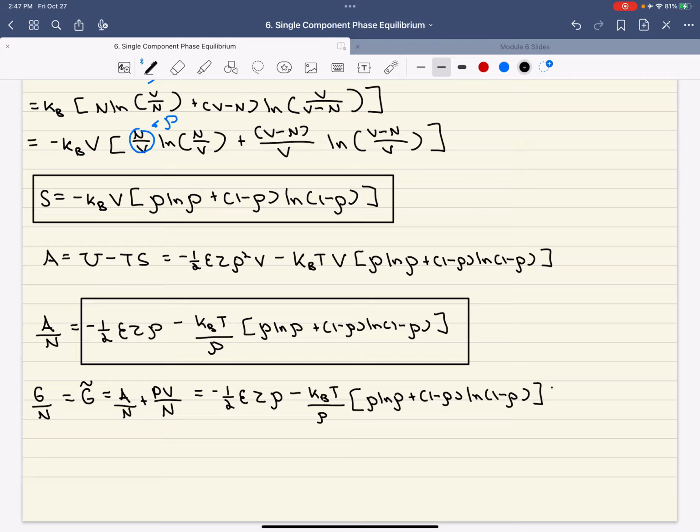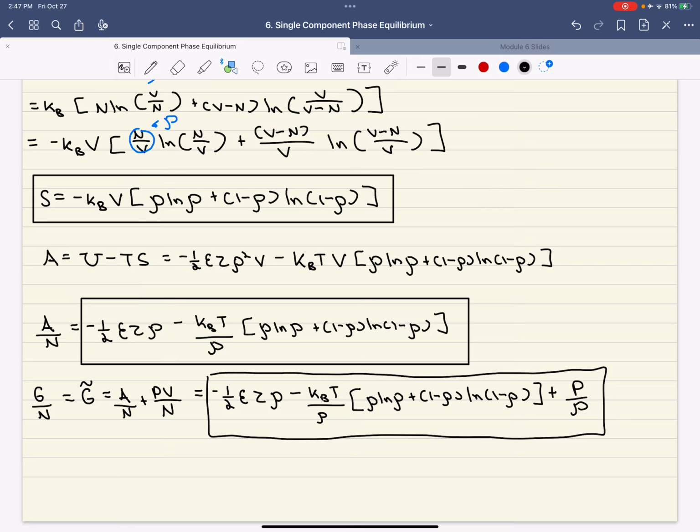And then we have the pressure, and since we had a V over N here, that's the same thing as saying divided by rho. Okay? And so now we have an expression also for the molar Gibbs energy.